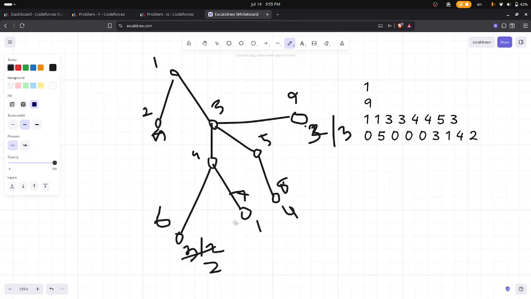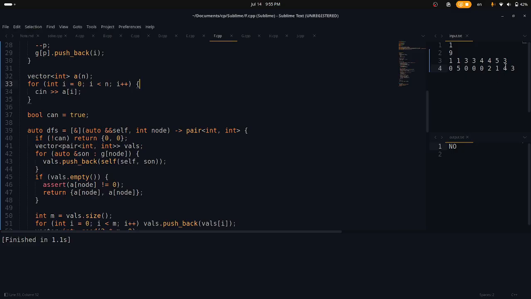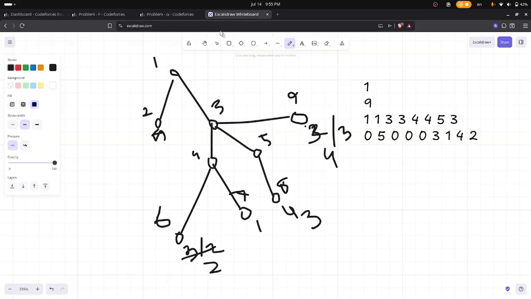We can make this 1, 2, and then doing cyclic shift here will definitely we need 3 here and 4 here. So also swap, then it must be possible. Okay.